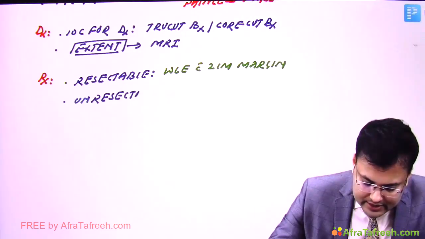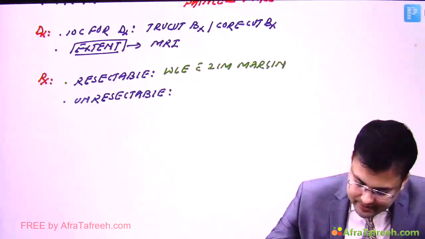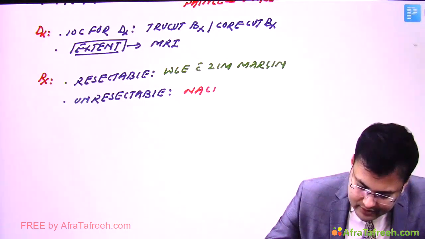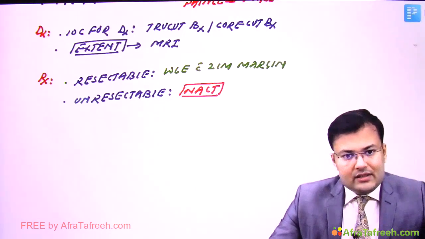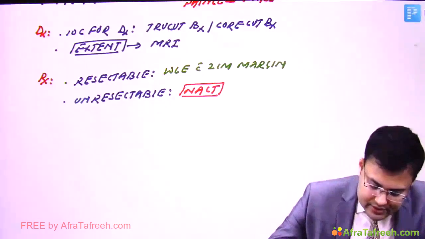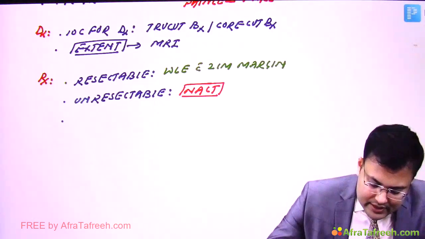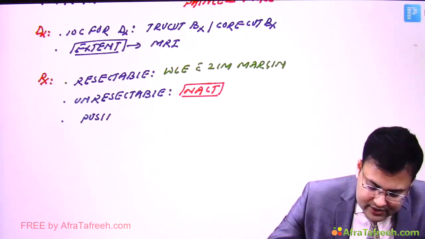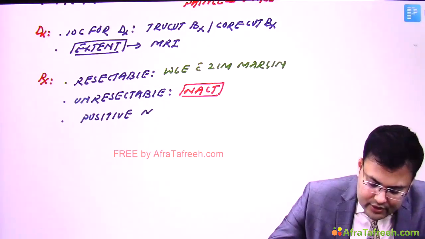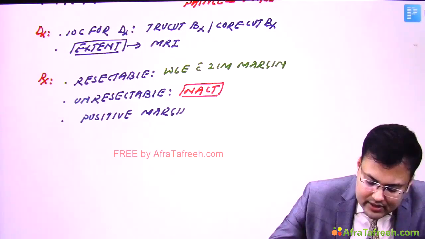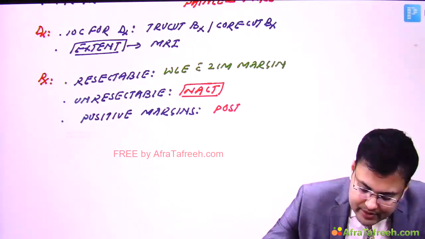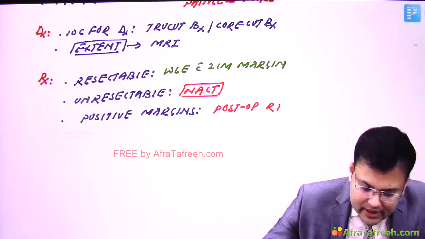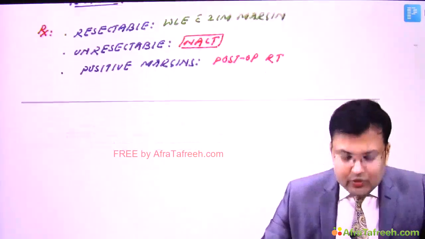In unresectable tumors, we go for neoadjuvant chemotherapy, followed by surgery, so we go for wide local excision. And third situation, if there are positive margins, so after surgery tumor is still left in the body, in these cases we go for post-operative radiotherapy. So this is how we are going to manage.